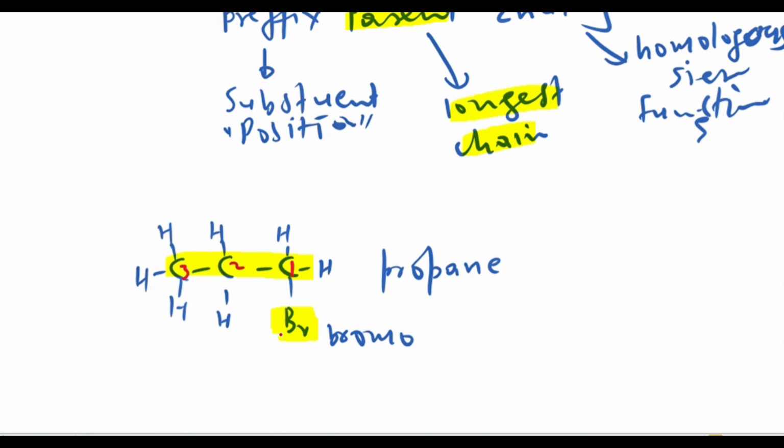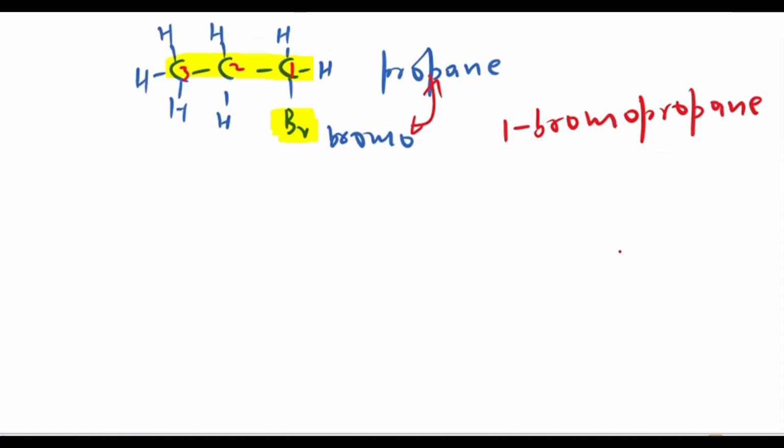We always obey the substituents, which means this is on position number 1. Therefore the combined name will be 1-bromopropane. That is the combined IUPAC name.